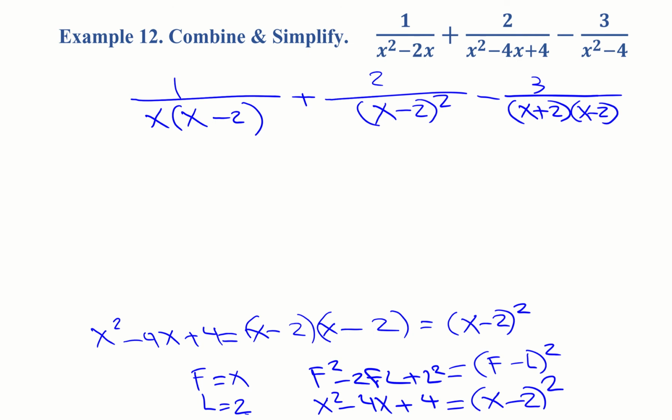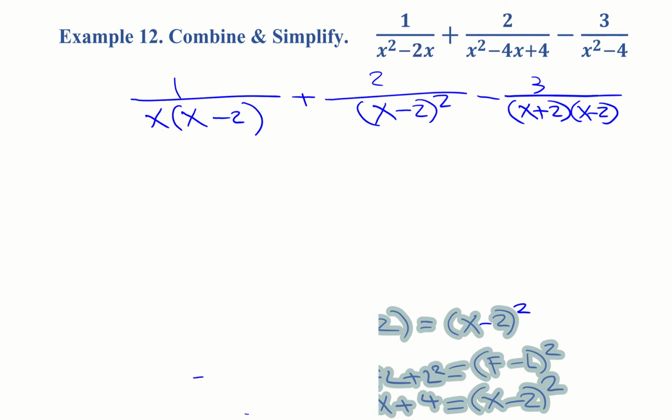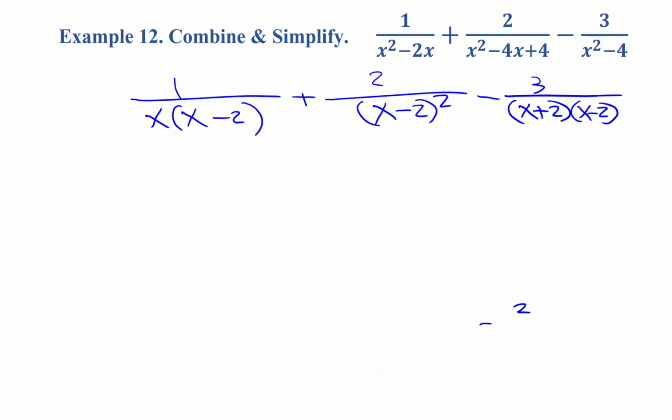Now we're going to find the LCD. So let me go ahead and erase some of this stuff that we don't need anymore. Of course, the good thing about the video is that it's not lost forever. You can always go back to it if you need to. All right.